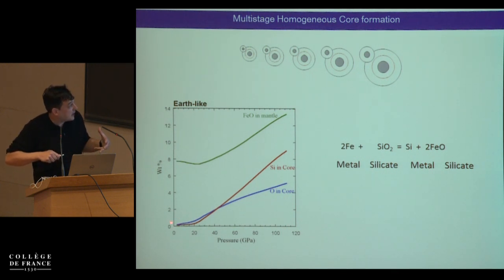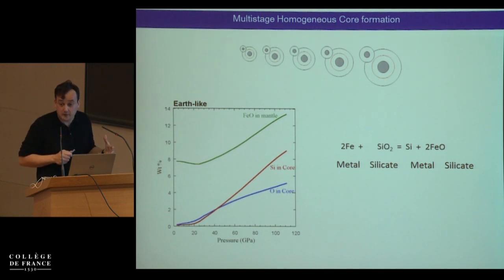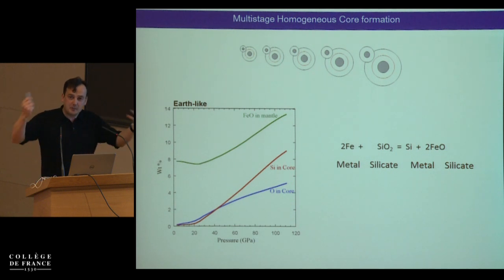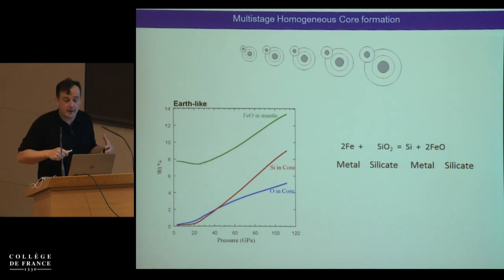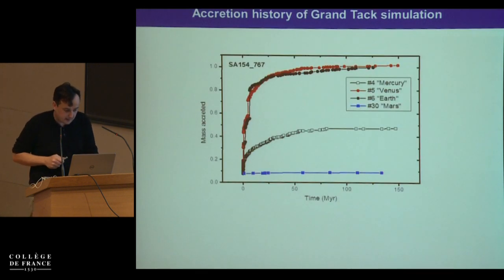You can see here that as we go to higher and higher pressures, we get silicon and oxygen going into the core, and that alone has an influence on the iron oxide concentration of the mantle. So the FeO concentration of the mantle here is not going up because material is coming in that has more FeO in it. It's simply going up because we're putting silicon in the core and making FeO, which then goes into the mantle.